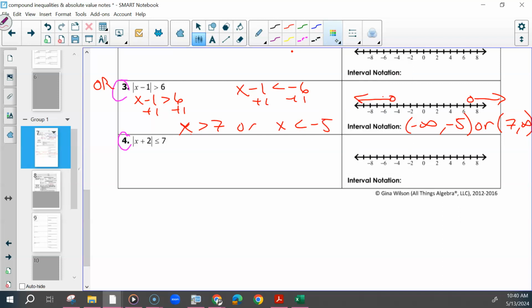Okay. For 4, since I know this is less than or equal to, it has to be "and." I could set this up as a condensed format: -7 less than or equal to x plus 2 less than or equal to 7. And then solve this like my compound inequality, getting rid of 2 by subtracting it everywhere.